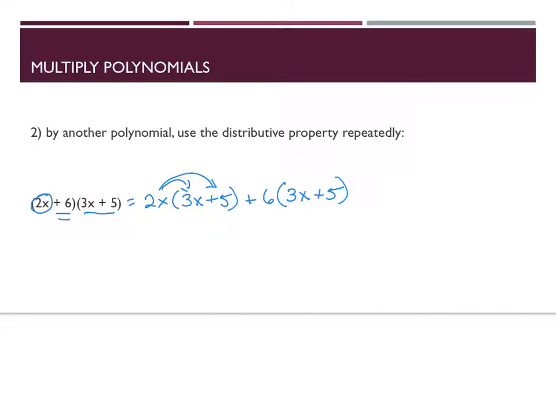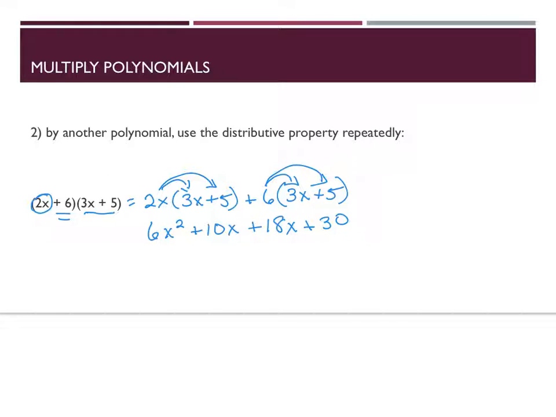2 times 3 is 6. X times x is x squared. 2 times positive 5 is positive 10. Now I'm going to keep my x. Positive 6 times positive 3 is going to be positive 18. Don't lose the x that was with the 3. Positive 6 times positive 5 is positive 30.